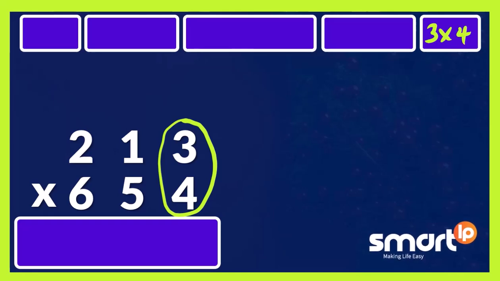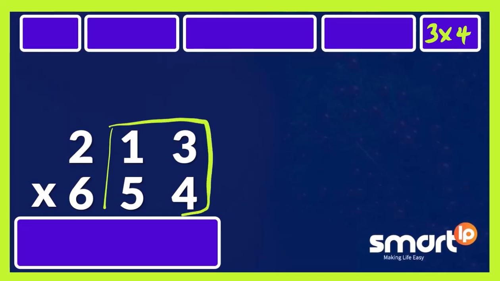Okay, great. The next step is to enter the result into this fourth box. Let me draw a box around these digits, 1, 3 and 5, 4, so that you know what we are working with.